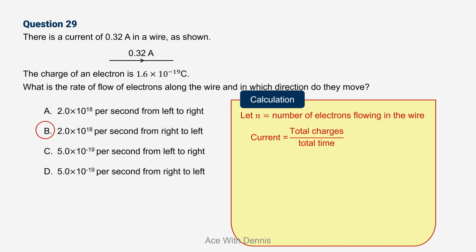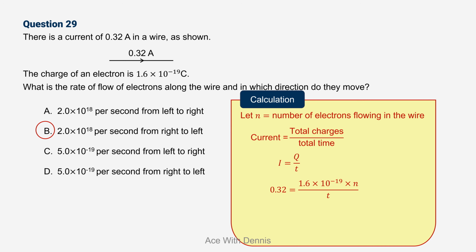So I equals Q over t. Now we substitute the values given: the current is 0.32 and the charge is 1.6 times 10 to the power negative 19 per electron, and we multiply by n because n is the number of electrons flowing in the wire, so we get the total charge, and then divide by t.